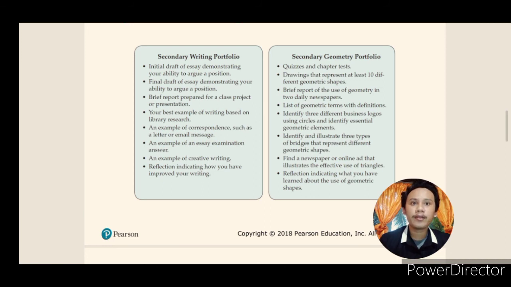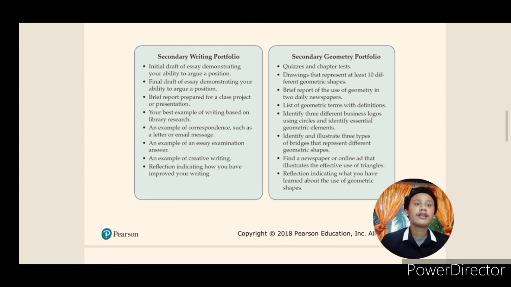Your best example of writing based on library research. An example of correspondence such as a letter or email message, an example of an essay examination answer, an example of creative writing, and a reflection indicating how you have improved your writing. So this is the first example of a portfolio, which is the secondary writing portfolio.